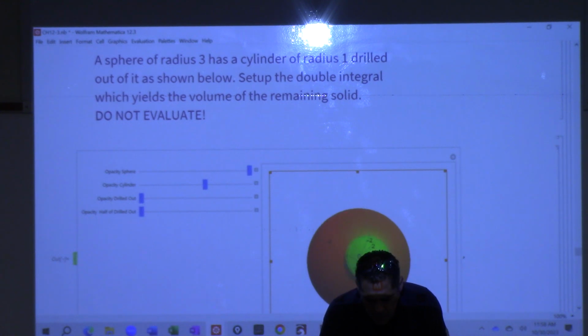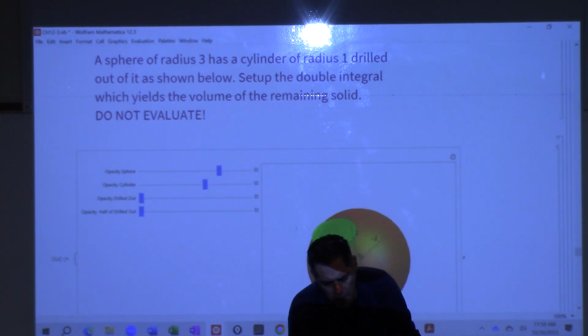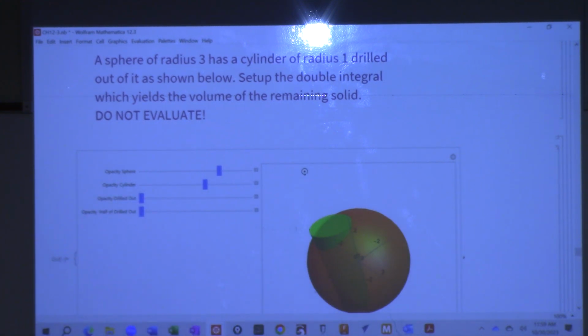Can you all see this sphere? That green is like a drill bit that's drilled through. So just think about it for a second while I get a drink, because I'm curious what your thoughts are on this when I come back.